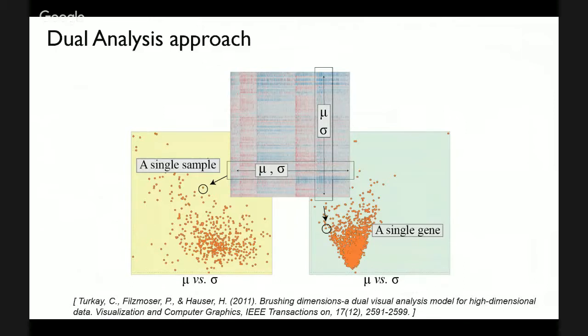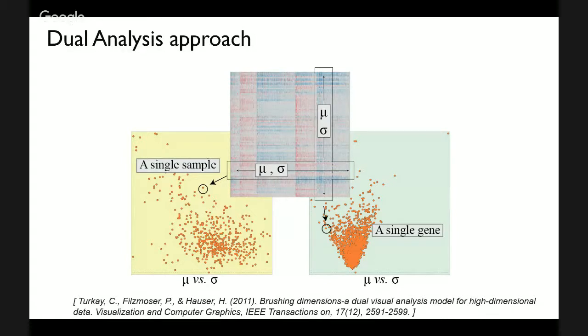Assume that you have, let's say, a heat map of gene activity like this, a 2D gene activity matrix. The duality here is that you can create statistics along the rows, and you can create statistics along the columns. Depending on which axis you look at, you either create a visualization of samples or a visualization of a single gene.